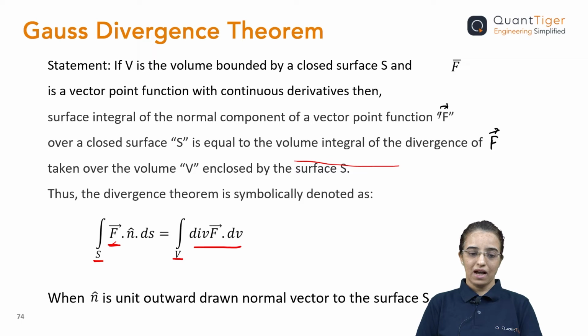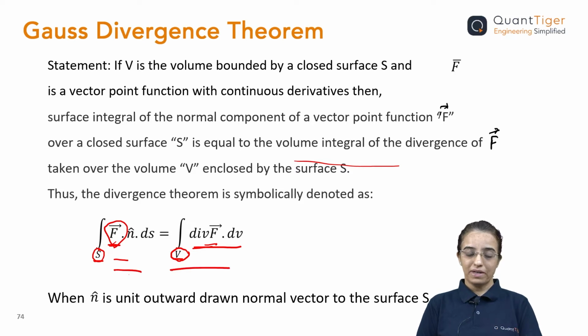Mathematically, how we represent it: F is the vector point function, and we take its surface integral over a closed surface S. That will be equivalent to the volume integral of that vector point function over the closed volume which is bounded by that surface S. Both of them are equivalent.